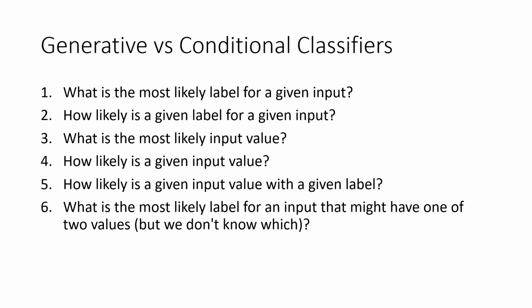As a result, a generative model may not do as good a job at answering questions 1 and 2 as a conditional model, since the conditional model can focus its efforts on those two questions. However, if we do need answers to questions like 3 to 6, then we have no choice but to use a generative model.